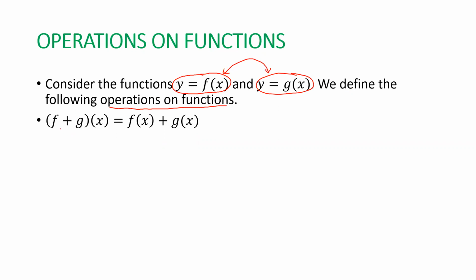So first, we have the sum of two functions and we denote it by f plus g of x. And this is equal to the sum of f of x and g of x.